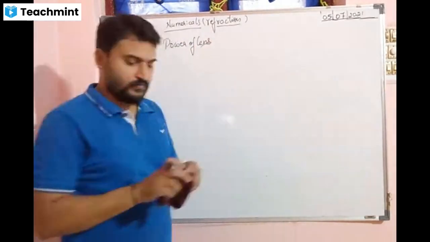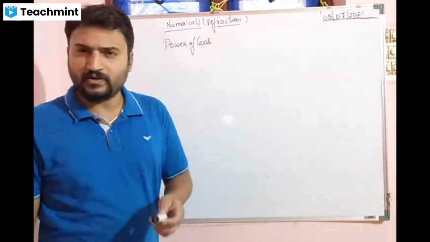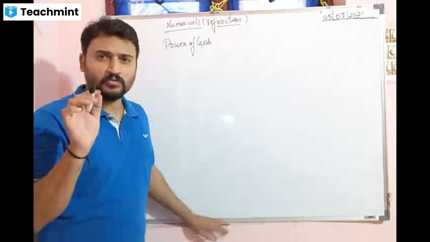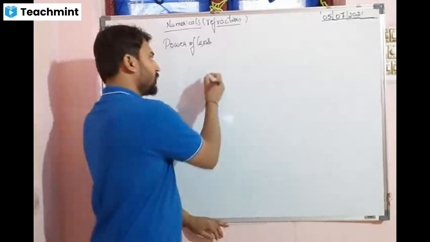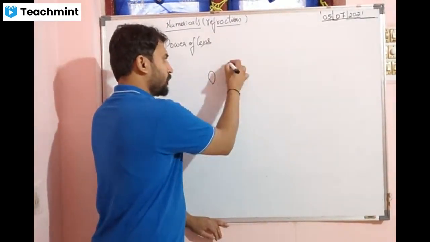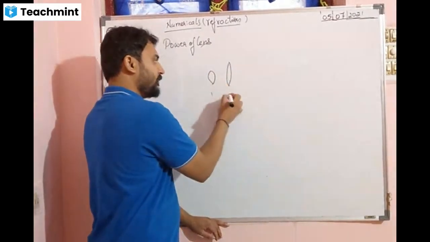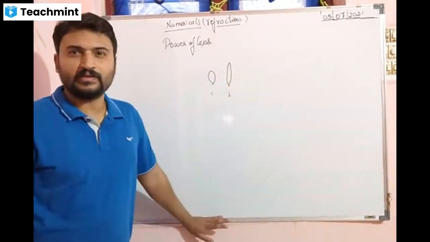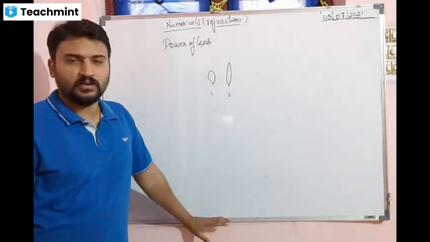What is power of lens? I will draw the diagram. You have to tell me whose focal length is more. Tell me, first or second?